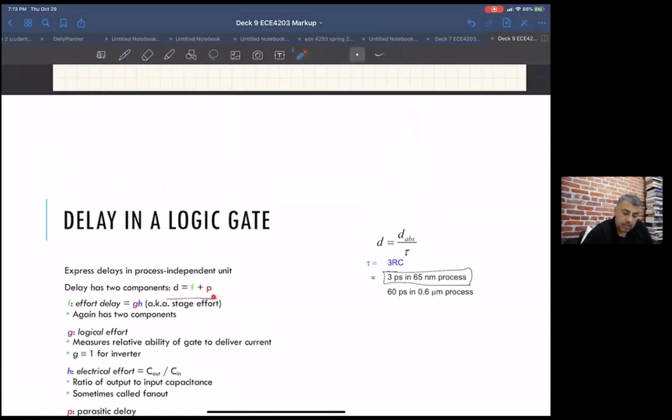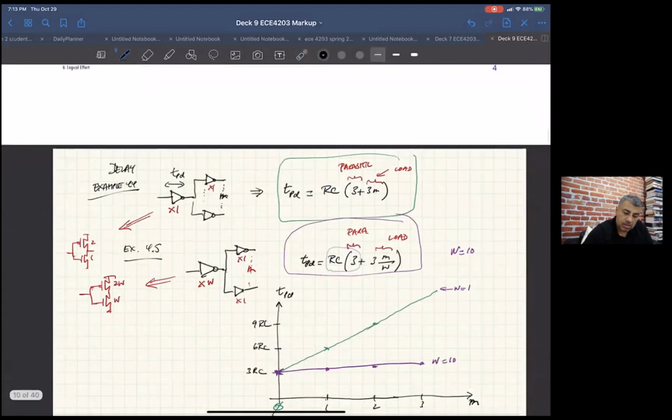If we do that, this relative delay ends up being a linear function of two parameters. The first parameter is the parasitic. Let's take this from our example 4.3.